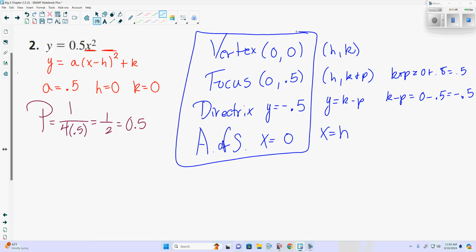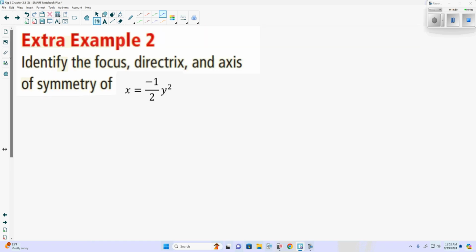Questions on this here? Identify the focus, directrix, and axis of symmetry for this here. Well, what's h and k?